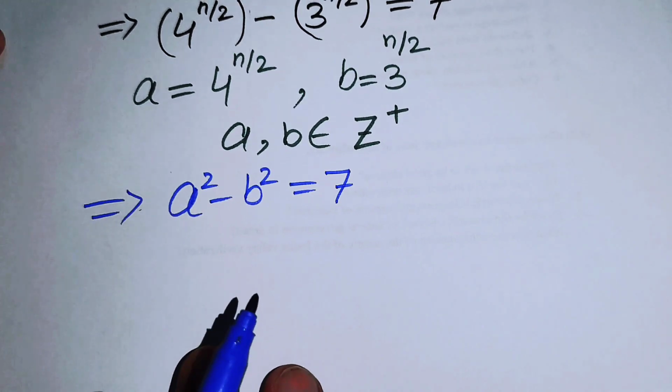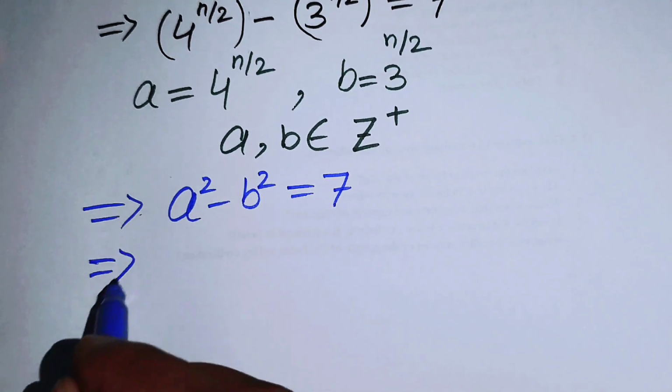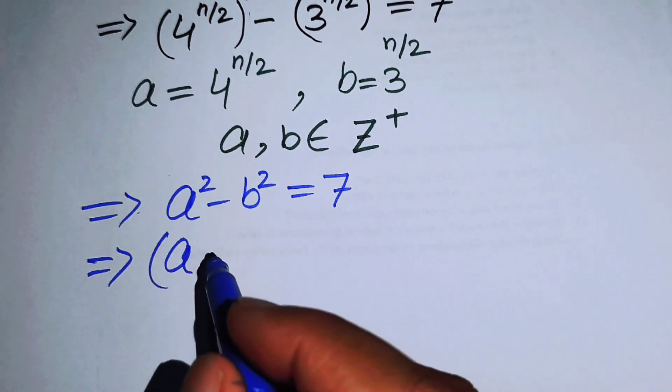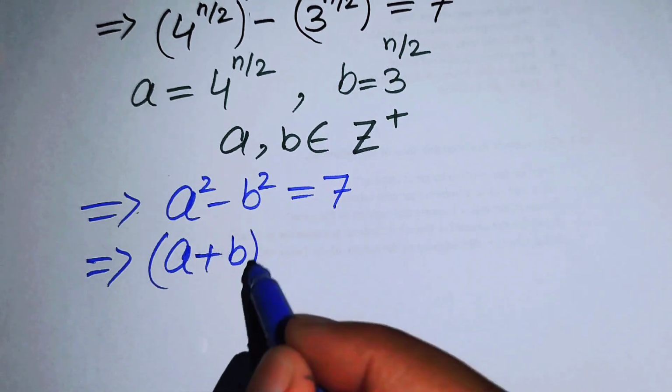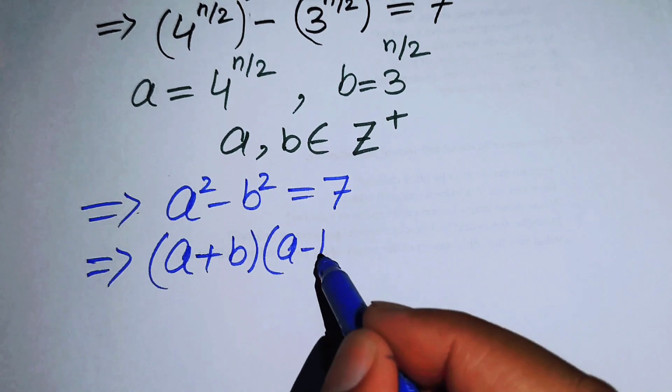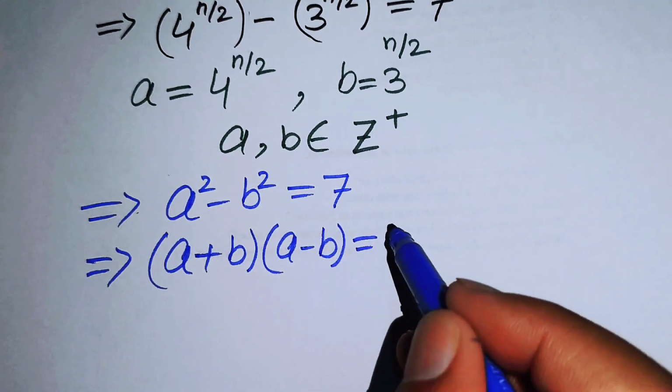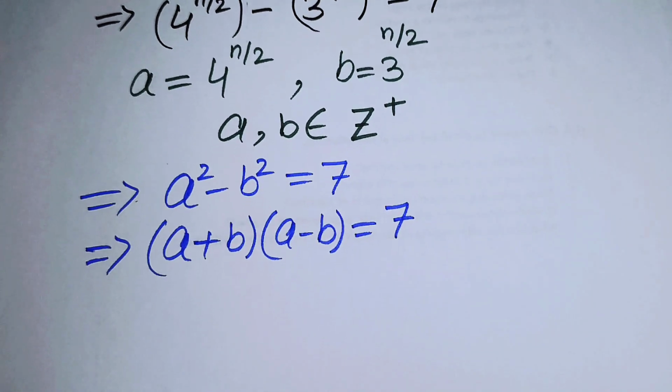On the left hand side we will apply the nice square identity, and you know about this identity: a squared minus b squared is equal to a plus b times a minus b, which is equal to 7.